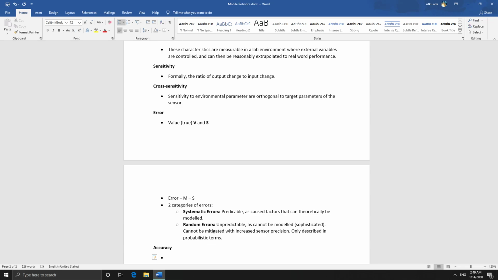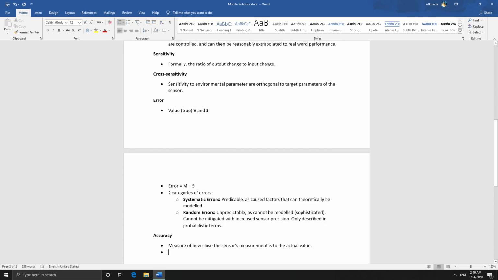So it's a measure of how close the measurement is to the actual value. You can think of it that way. And we use the error to figure out the accuracy.